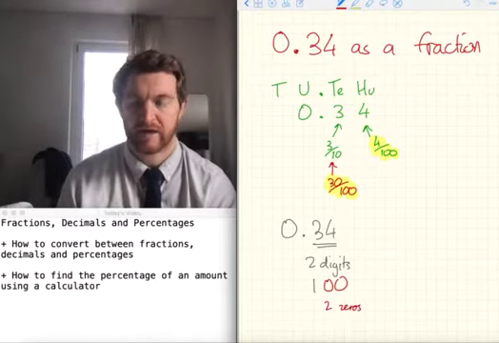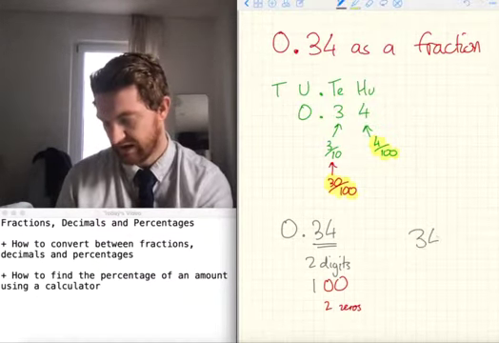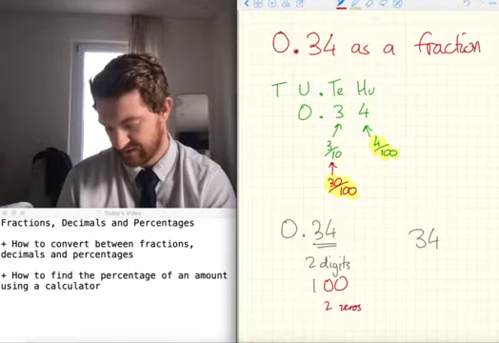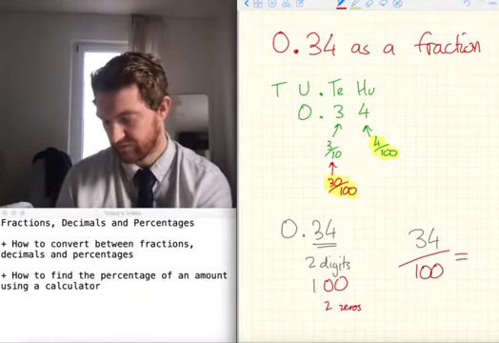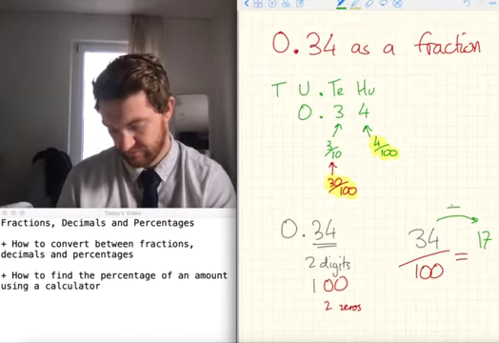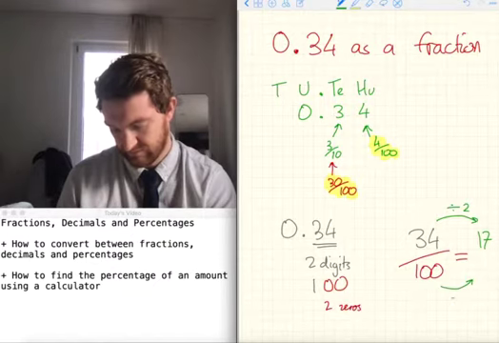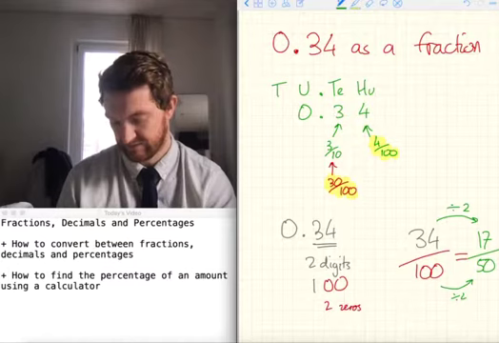So we can then say, well, we've got 2 digits, 3 and 4, and that means we're going to need 100, 2 zeros. But, of course, we can divide both those numbers by 2 to get 17 over 50, and that is our answer.